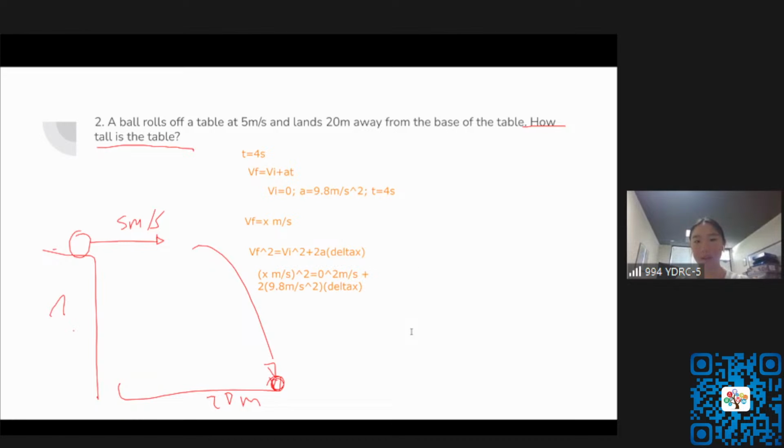So then just find delta x. Because I've given you all the equations, all you guys should have to do is plug it into the calculator, and I expect at least half of you to answer.